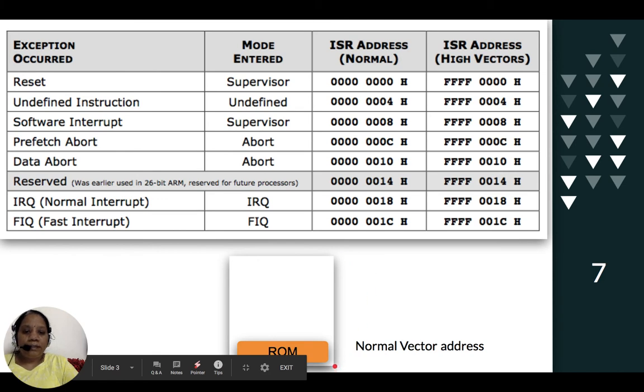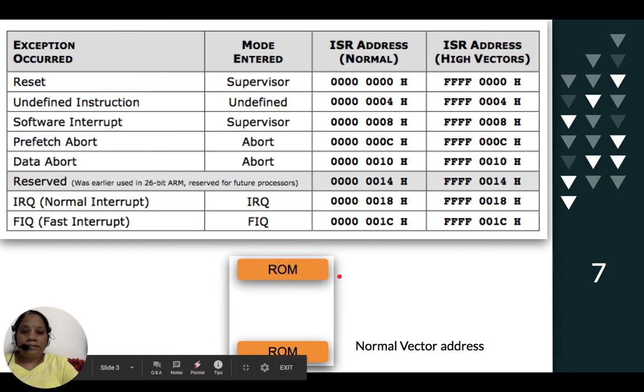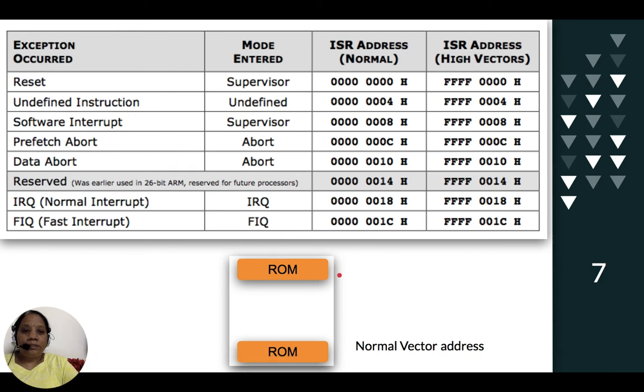So when you allocate the ROM to the lower order addresses in the memory, you use the normal vector address. You can also allocate the ROM to the highest order addresses of the memory. In that case, your ISRs will be stored in the FFFF locations. So that is why you have an option.